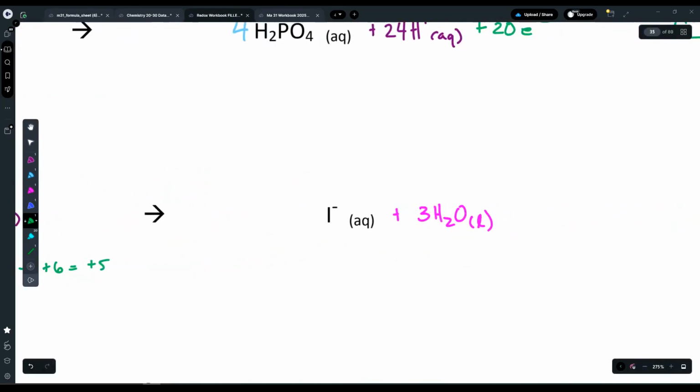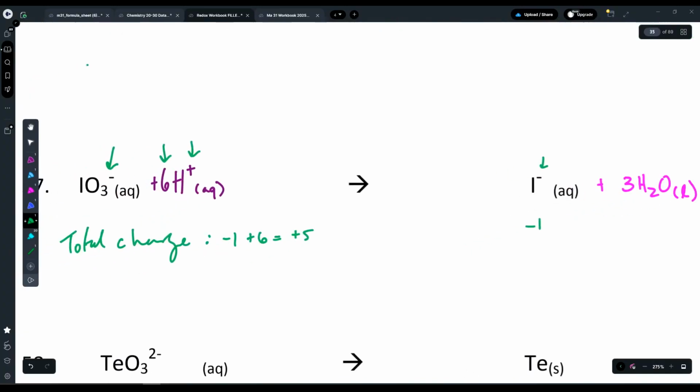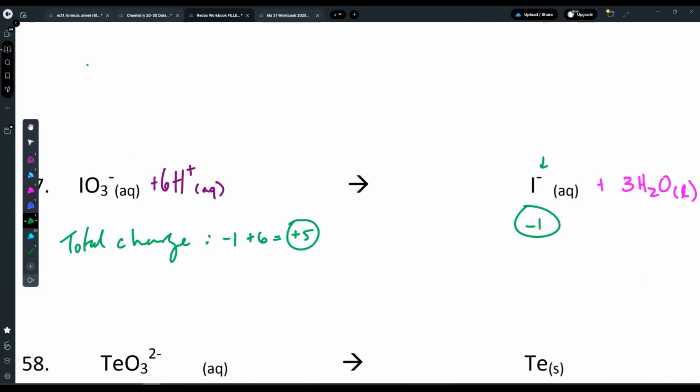And then on our product side, we have a -1, and then this will just be 0 because it's a neutral compound. So we have plus 5 compared to -1, so I'm going to go to the more positive side, and that's where I'm going to add my electrons. And I'm going to add my electrons so that both sides have the same number.